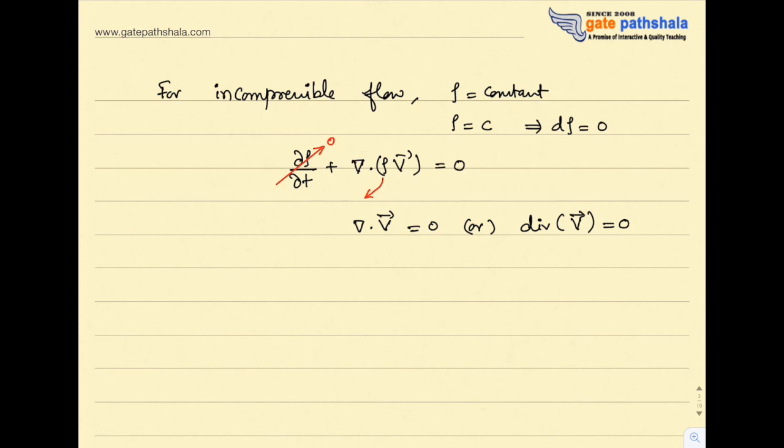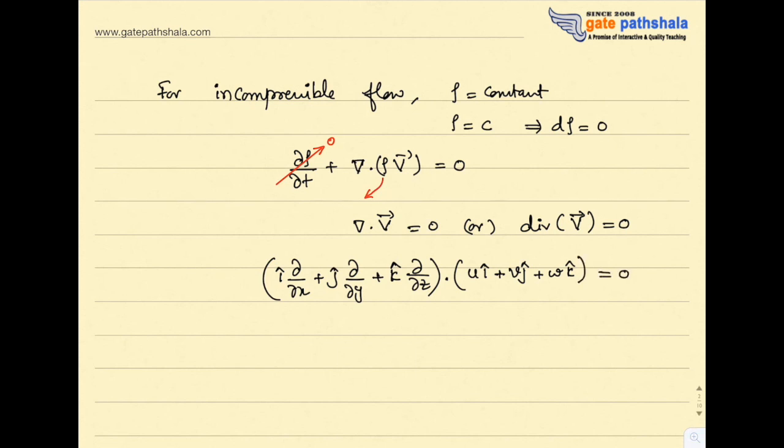If we write this as i cap dou by dou x plus j cap dou by dou y plus k cap dou by dou z dot the velocity vector whose x component is u, y component is v, and z component of the velocity is w, equals 0.